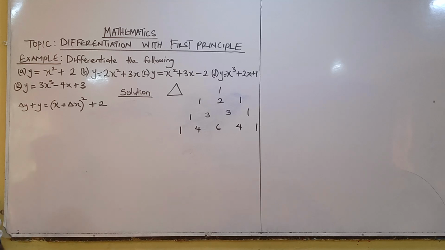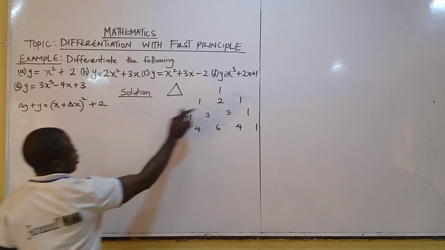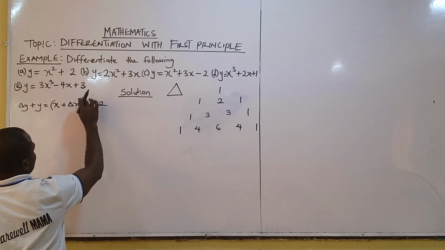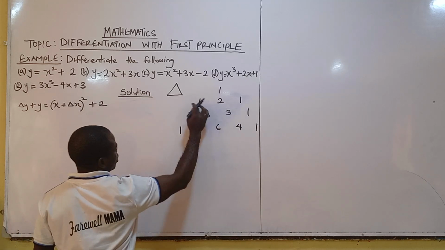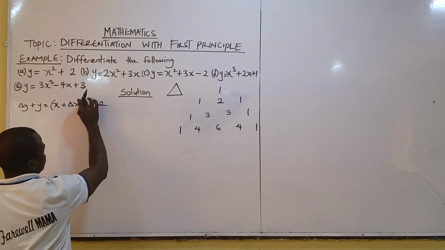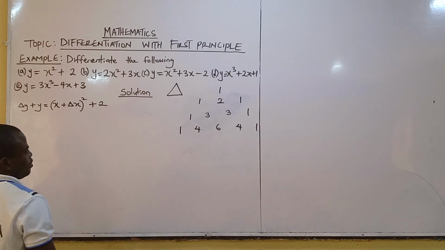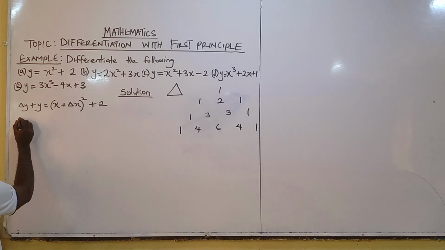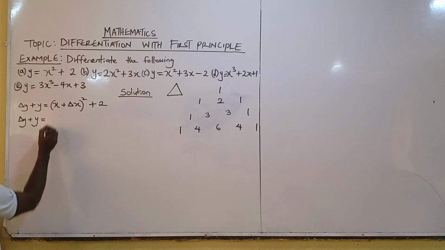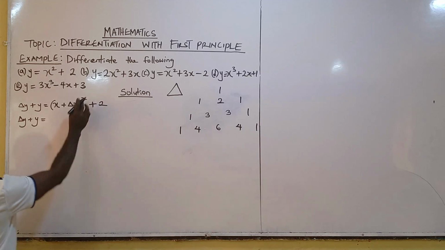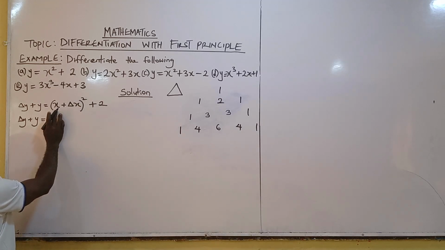Now let's go ahead. Since you have the power 2 here, you pick this second row. When you have squared, you pick the second one. When you have cube, you pick the third one, and so on. Now let's continue: delta y plus y.